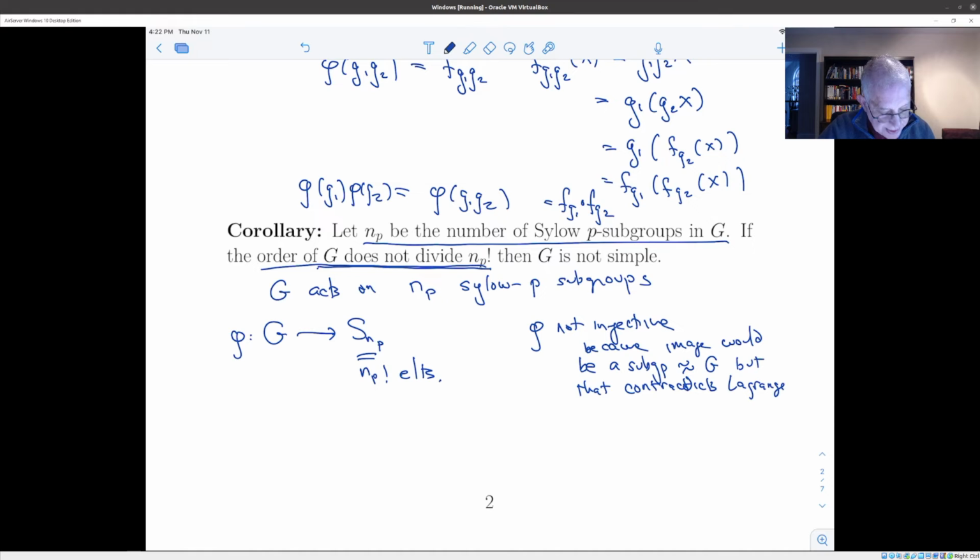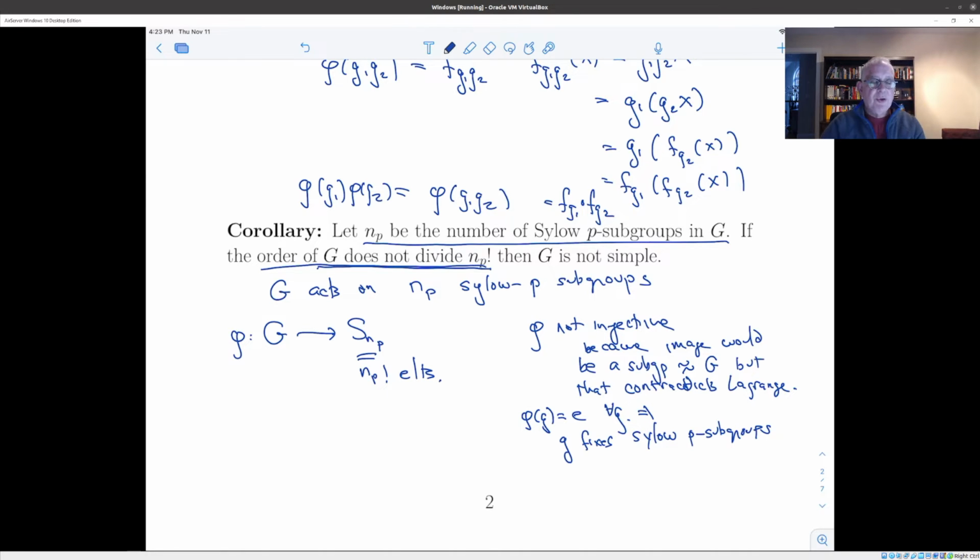The other possibility is that this map could be the trivial map. Could it be the case that phi of g equals the identity for all g? Well, that can't happen either, because we know that G permutes all n_p of the Sylow p-subgroups. So this would mean that G fixes the Sylow p-subgroups. There are various ways of thinking about that.